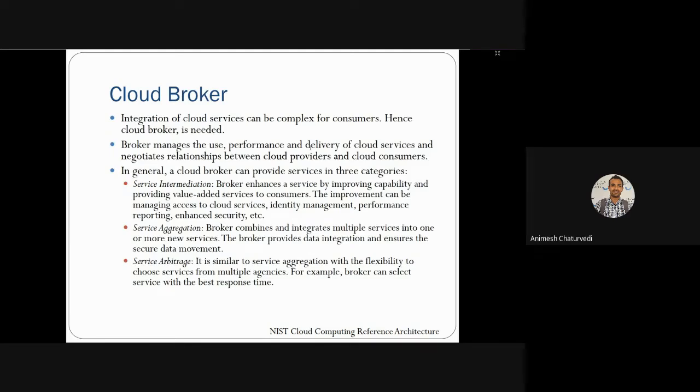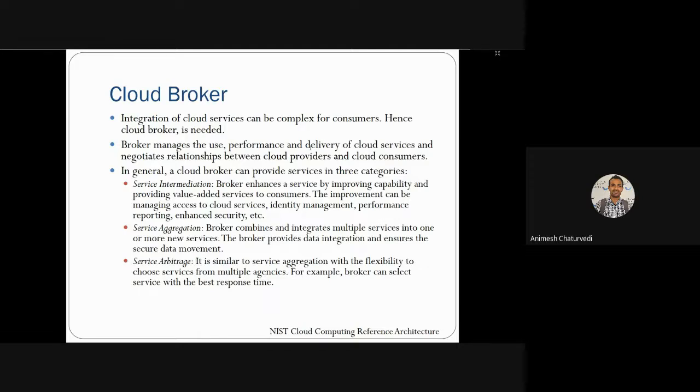Thereafter, the cloud broker. What does a cloud broker do? It works between the cloud provider and the cloud consumer. So basically, the broker does integration of services that are too complex to be understood by the consumer. So the cloud consumer needs a cloud broker.